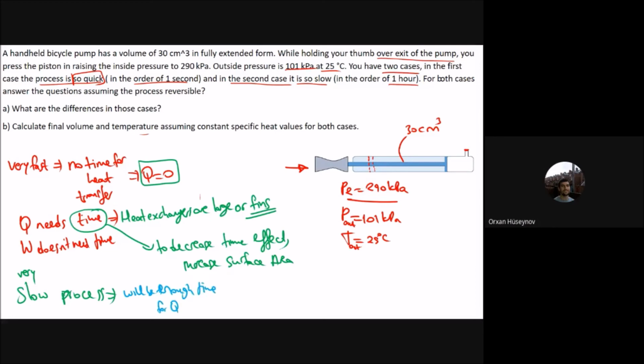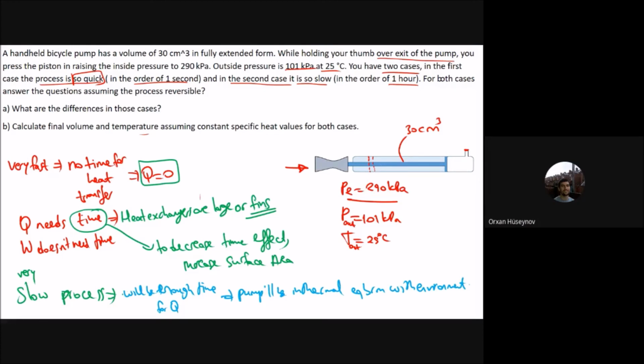But the main difference from the first one is that since there is enough time for the heat transfer, the pump will be in thermal equilibrium with the environment, because there is enough time for the heat transfer. At each stage, you will have thermal equilibrium with the environment.